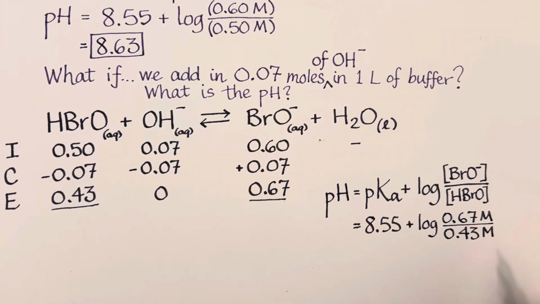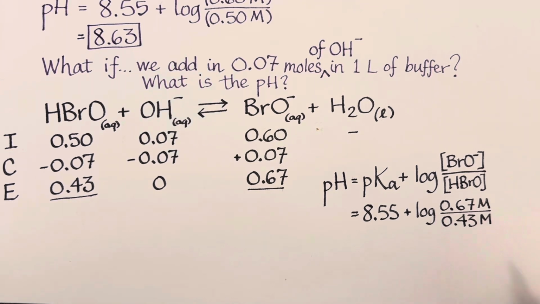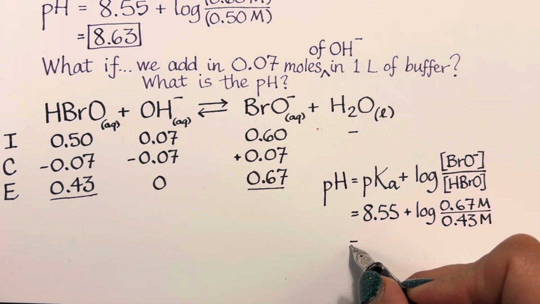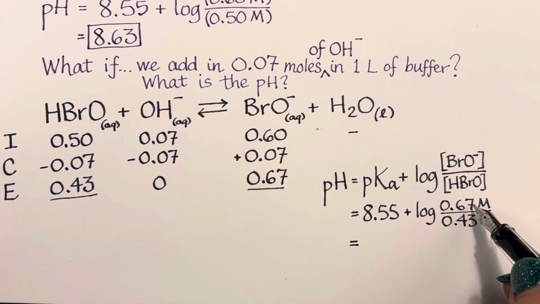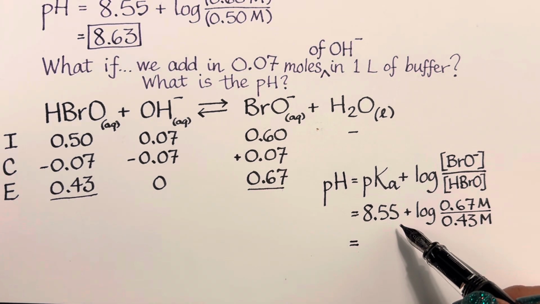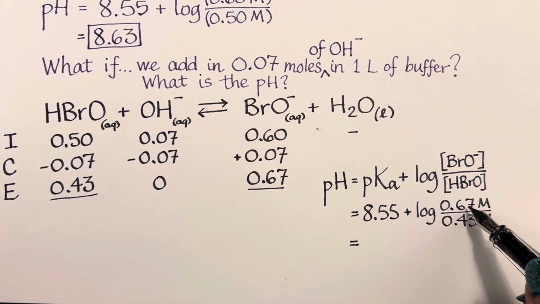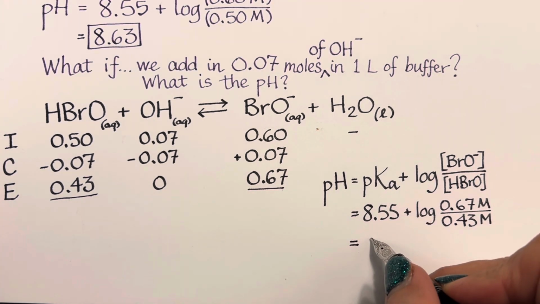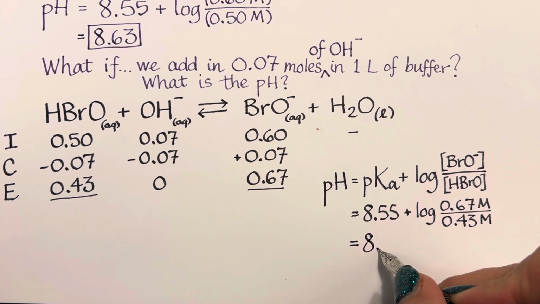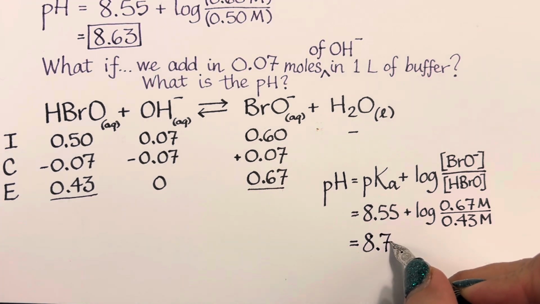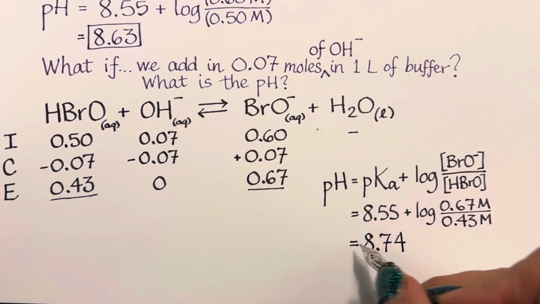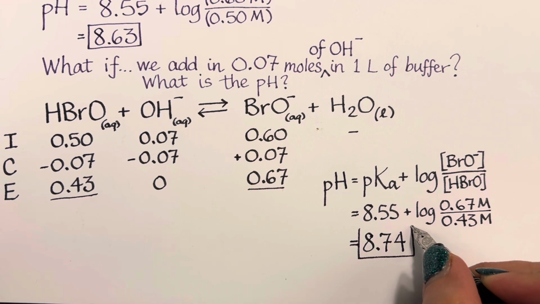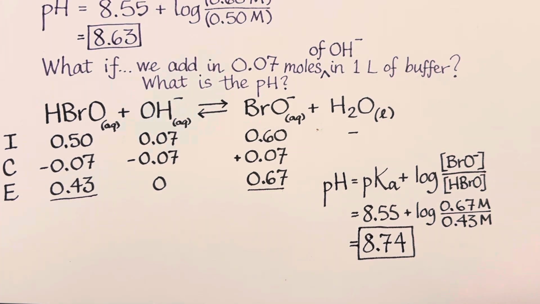Okay. And this gives, we've created more base, so we would expect the pH to go up. That's going to match because we have a bigger ratio here. And indeed, it is now 8.74 after the addition of hydroxide.